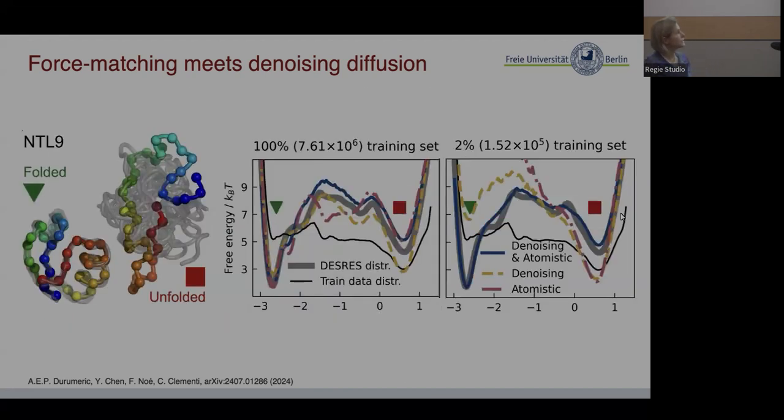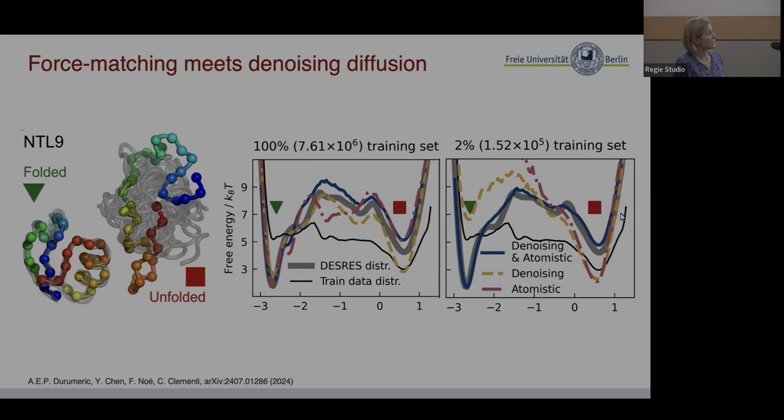So just to show you how it works, this is the larger protein, ntl9. This is the unfolded state. This is the folded state. We want to learn an energy function that can fold and unfold this protein as you could do in an atomistic simulation. We cannot do atomistic simulation of this protein, it's too large.